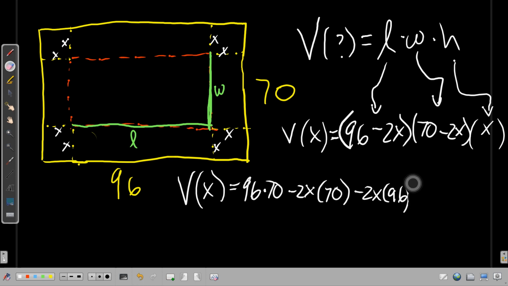Okay, and then the minus 2x times the minus 2x gives me plus 4x squared. And then I have all of this times x.